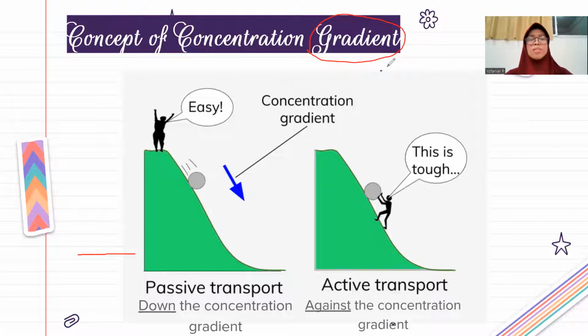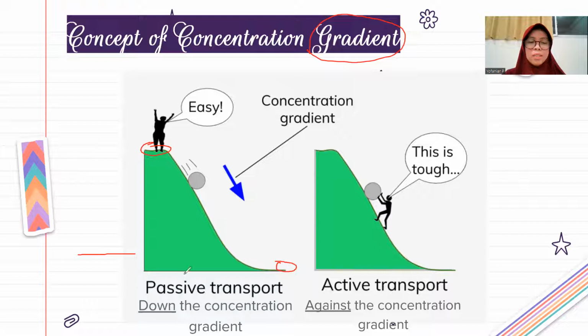So basically, the concentration gradient is the difference, perbedaan, between the concentrations of two regions. We can imagine the concentration just like this. For example, this is a hill, yeah, a hill. What is hill? Bukit, yeah. So this position and this position represent two regions that have different concentrations, different numbers of particles.